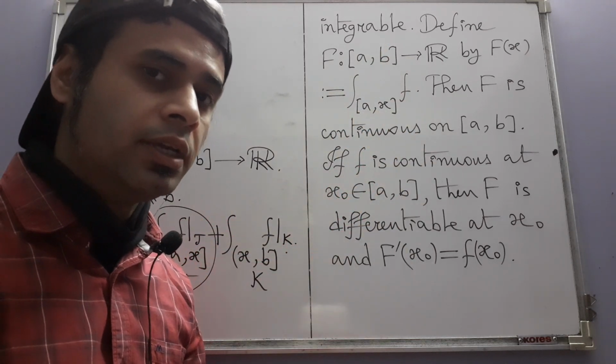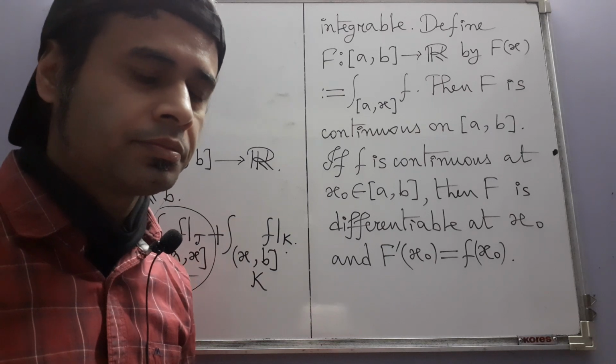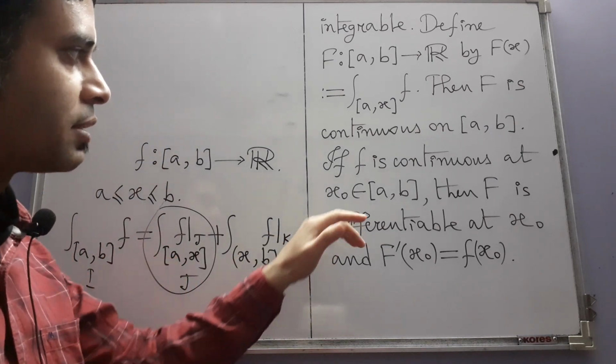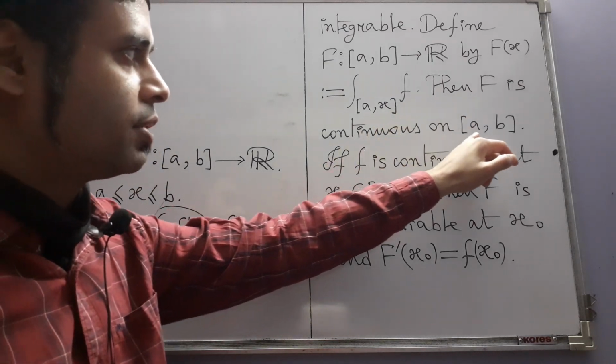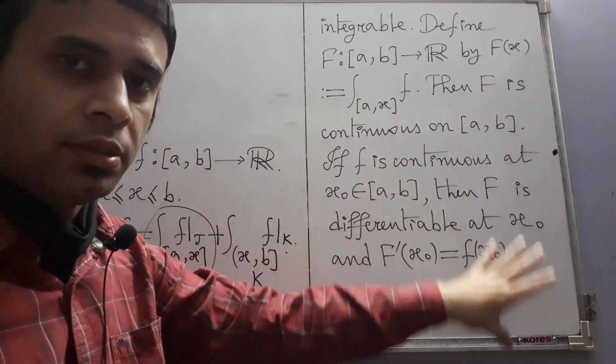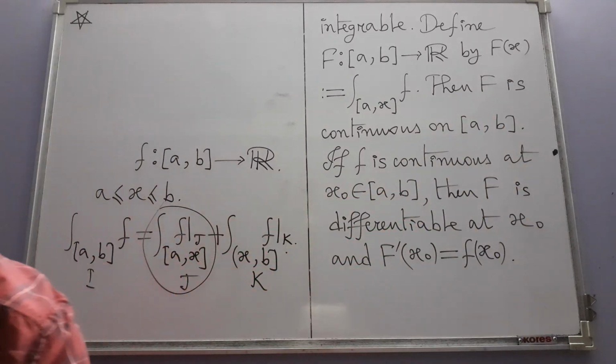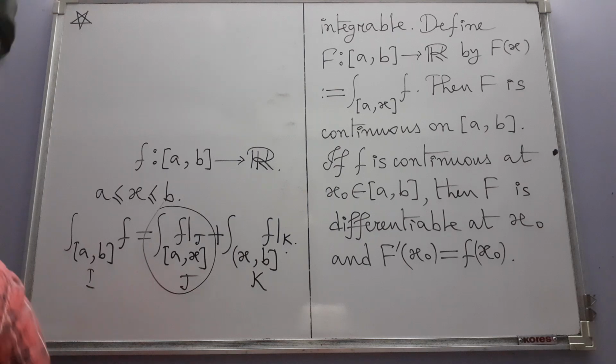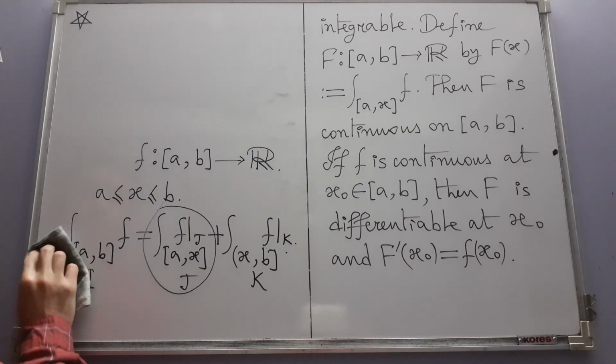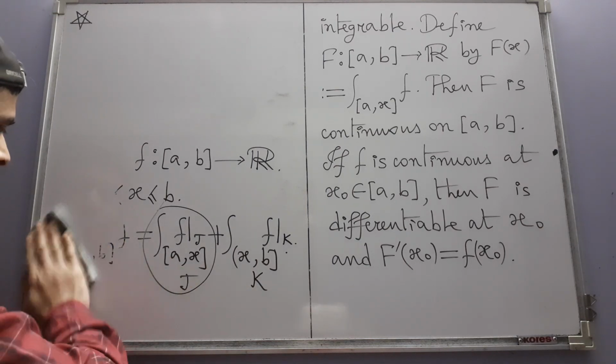So capital F is a well-defined function. Now we are going to first of all show that capital F is continuous, and then we go for the second part. Okay, so let's now start the proof. We will need this property again in the proof also.